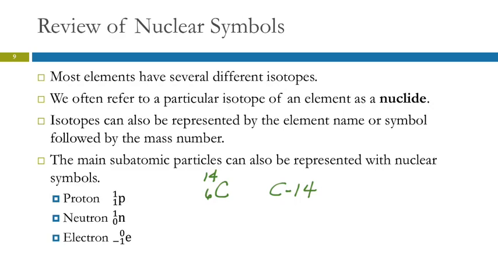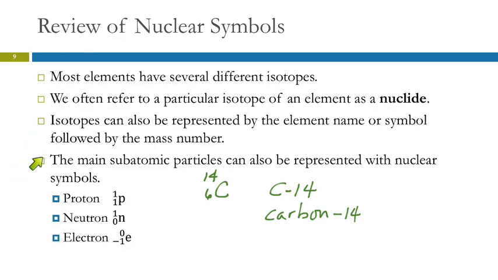So we can call it C-14 or carbon-14. And those are easier. What we need to specify is the mass number. We don't really need the atomic number, because if we want to know what that is, it's the same for all carbon atoms. It's 6. It's on the periodic table, right? And no good chemist is ever without a periodic table.